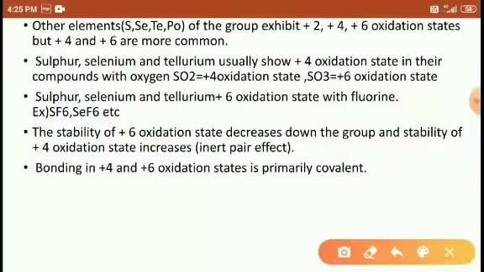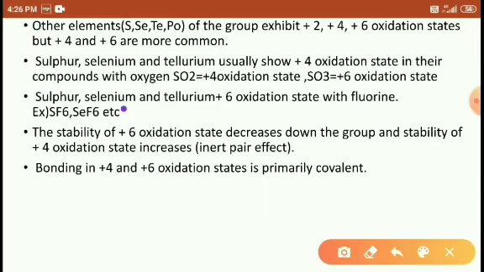The other elements like sulfur, selenium, tellurium, polonium exhibit +2, +6, +4 oxidation states. More common: sulfur, selenium, tellurium usually show the +4 oxidation state with the oxygen atom, SO2 is +4 oxidation state, SO3 is +6 oxidation state. Students, so this is common. With the oxygen atom, all three species show +4 and +6 oxidation states.